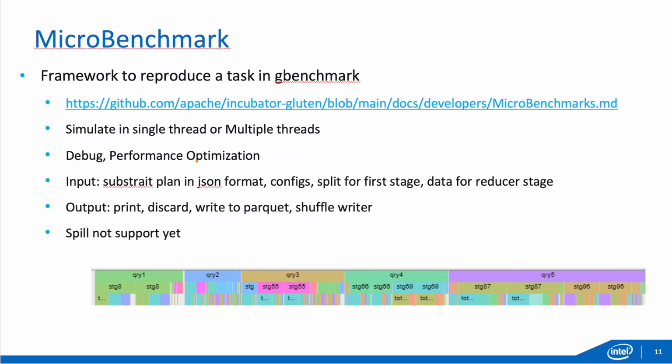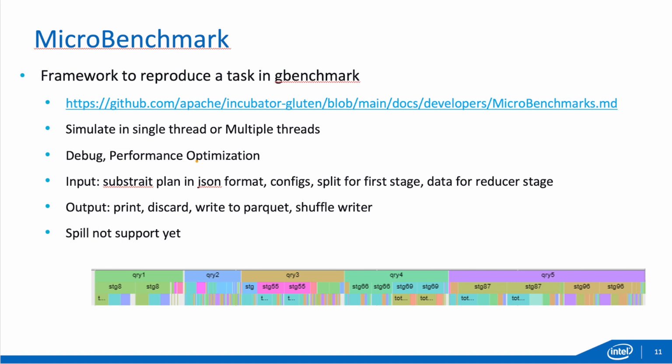And then there's the micro benchmark. It's a framework to reproduce a task in a benchmark totally in native, in the native library. The chart below is the Spark pipeline, and each pipeline has many stages. Each stage has many tasks.